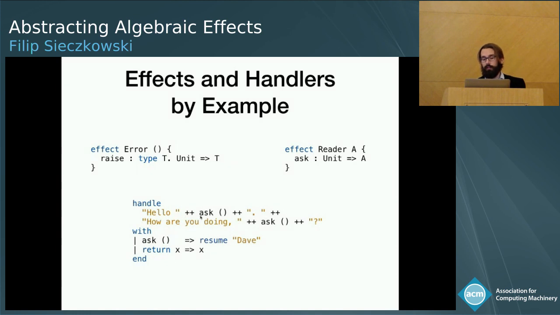So the evaluation hits the ask, and the ask does not have a direct interpretation. So what happens is it looks up, like Yizhou said before, the next enclosing handler for this particular effect, finds the interpretation, and the interpretation says, well, insert Dave into the continuation from which you called and continue, right? So by the process of evaluation, we get the well-known quote, right?